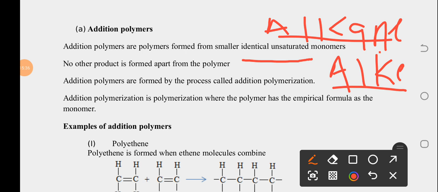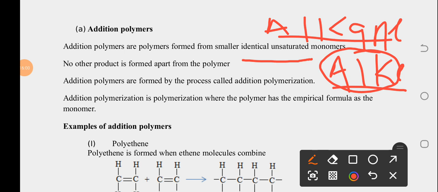Inside the family of alkenes, we have ethene, propene, butene, and so on and so forth.